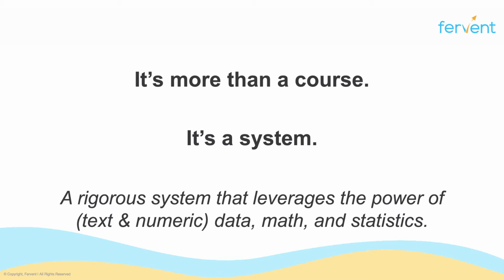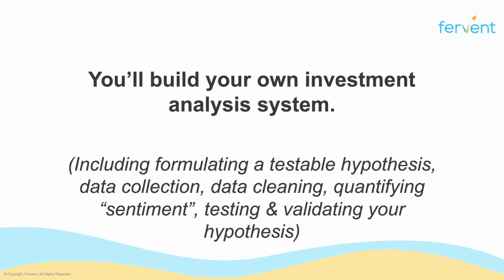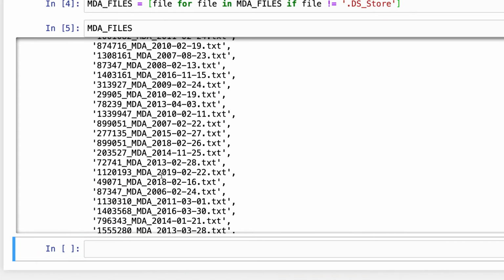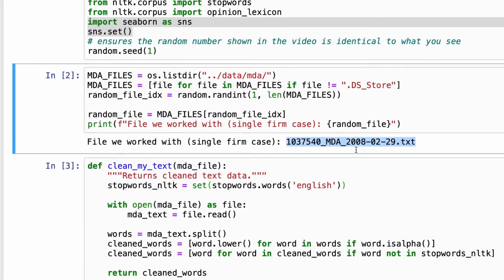And you'll actually build this system from scratch, learning everything from how you can take an investment idea or thesis and transform it into a testable hypothesis, even if you don't know what a testable hypothesis is. You learn about the different types of data sources that you can and should work with, where you can find them, and how you should clean it to get it ready for investment analysis.